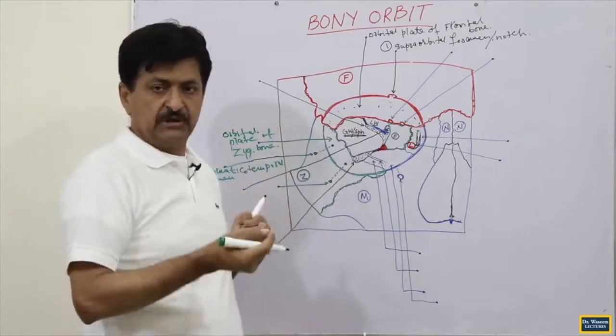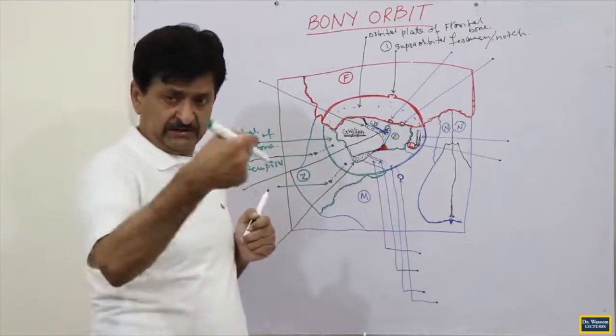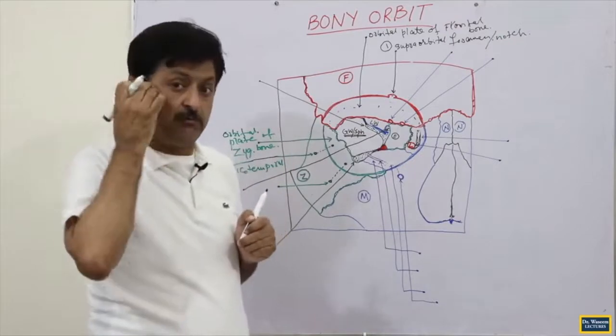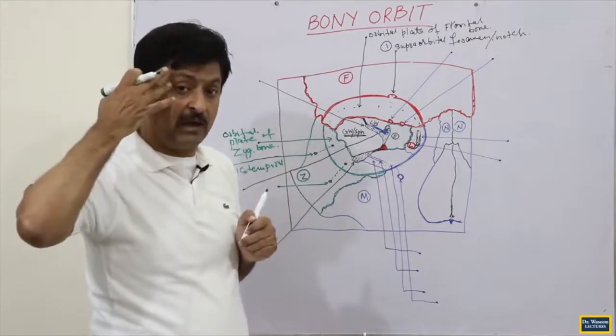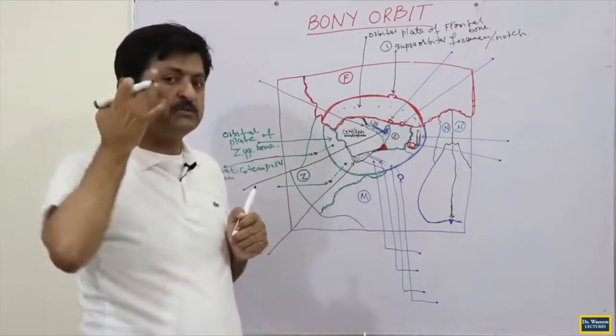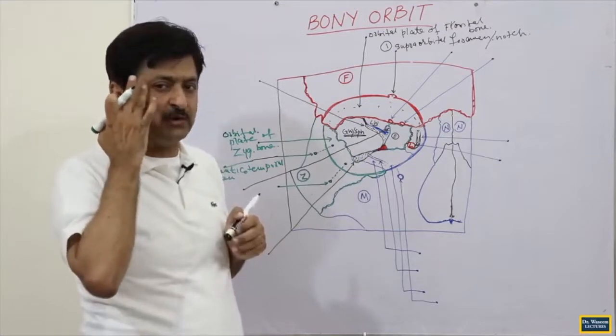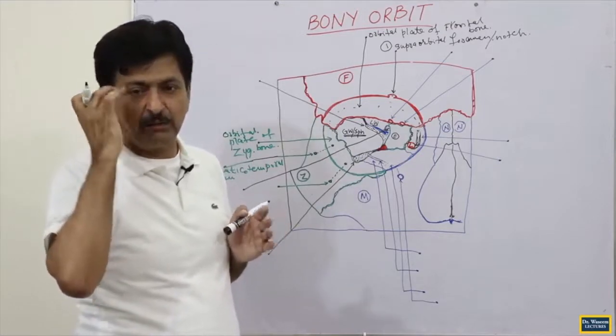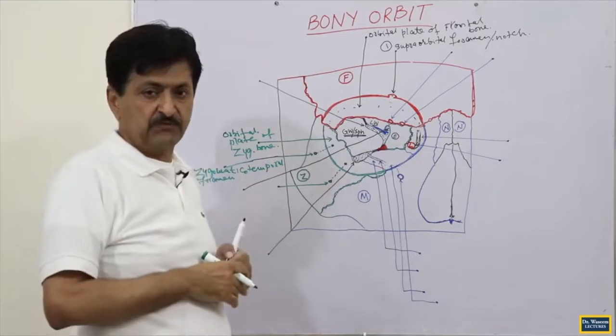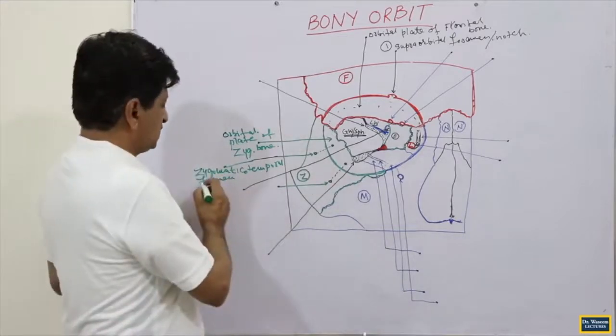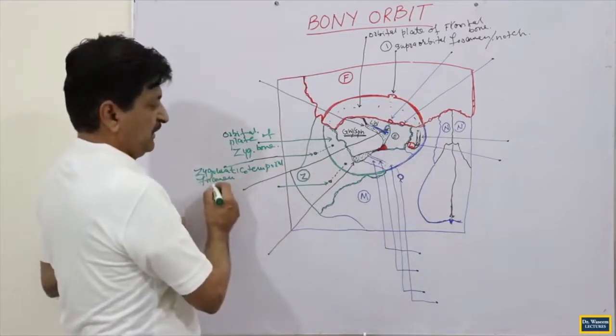From the orbit, one nerve can enter into this canal, will appear under the face, go by the side of the lateral angle of your eye and reach up to the scalp. And when it is passing by the lateral side of the eye, where the lacrimal gland is lying, it will give the postganglionic parasympathetic fibers to the lacrimal gland. So this is the zygomatico-temporal foramen, number 1.